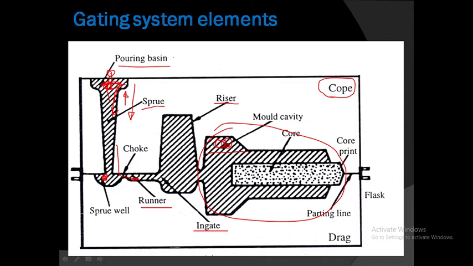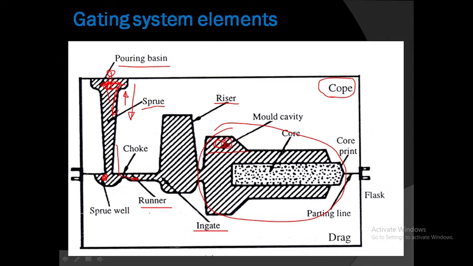The cross section of the sprue is circular, because it exposes minimum area for cooling and helps in the flow of metal. That's why the cross section of the sprue is always circular. So this is about the sprue.